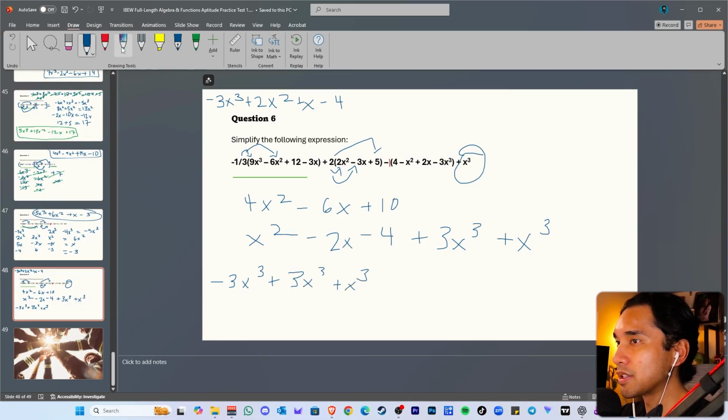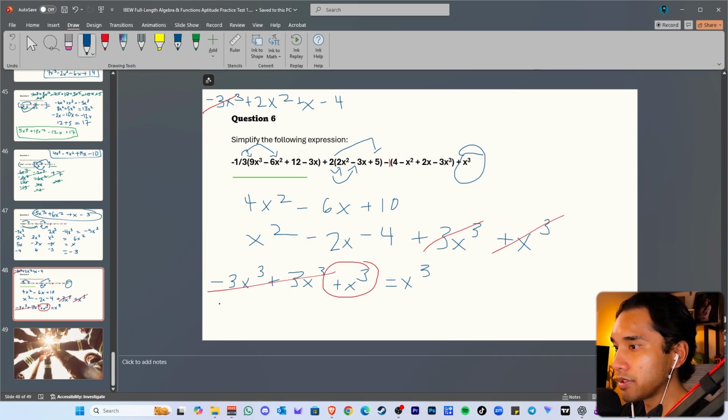So we can cross those out. And what is minus 3x cubed plus 3x cubed? We could cancel those out, and then we're just left with x cubed. Equals x cubed. Boom.